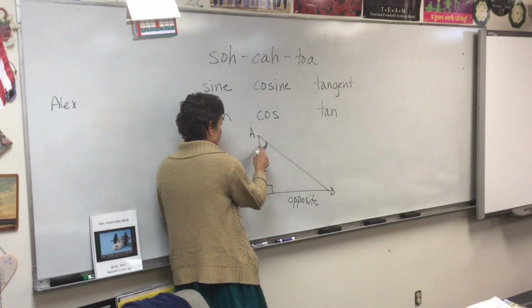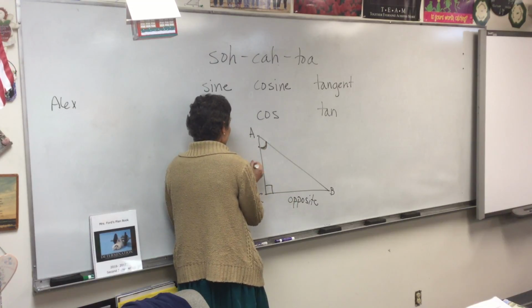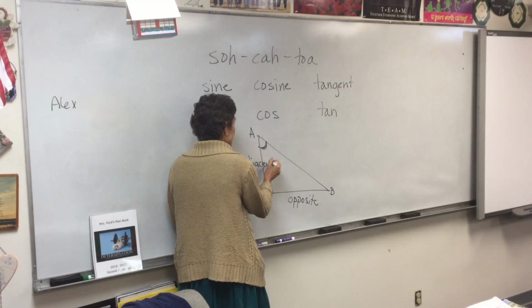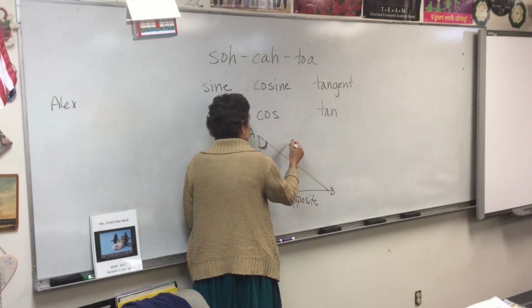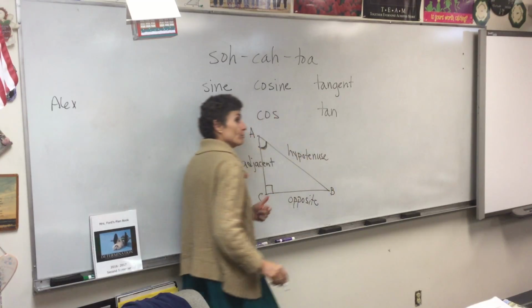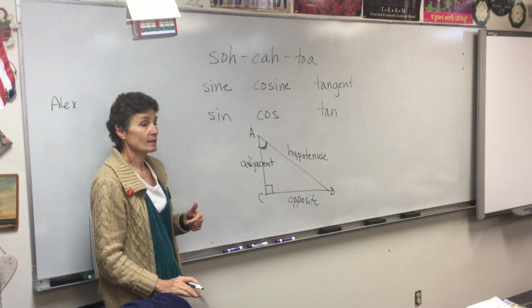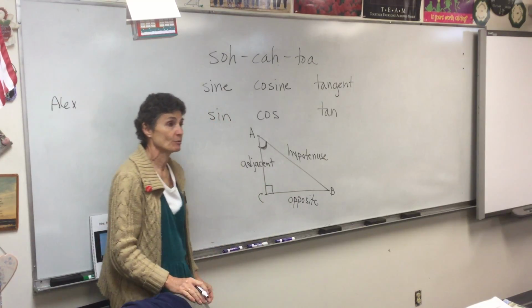And once you have your angle, then you know the one across from it is opposite. The one next to it is called adjacent, next to adjacent. And this, of course, is called the hypotenuse. Now, that is a word you've all heard before, and you all know that the hypotenuse is the side that's across from the 90-degree angle.